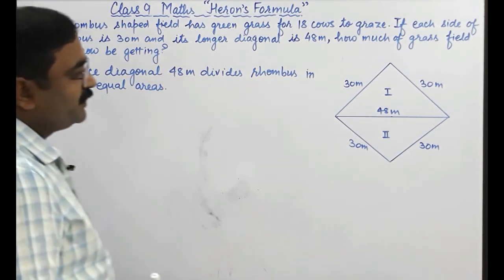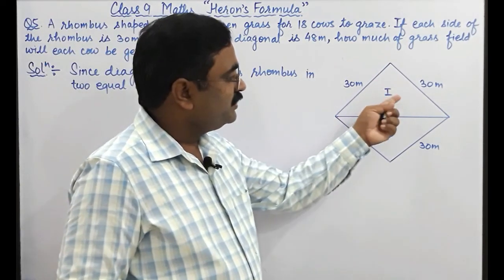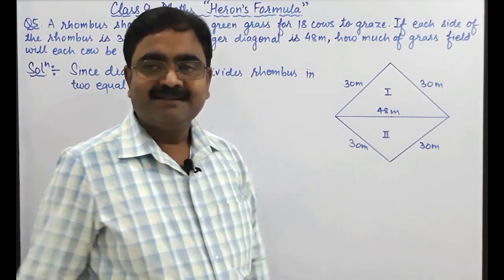Okay, so we have divided this rhombus in two triangles, triangle first, triangle second.